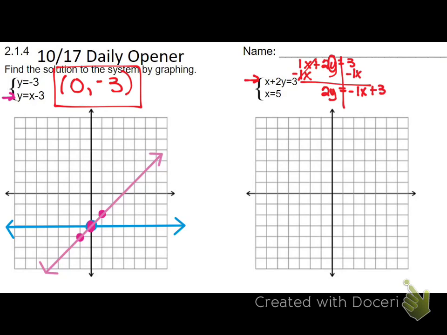You have to divide by 2 on both sides. And it's negative 1 over 2 x plus 3 over 2.